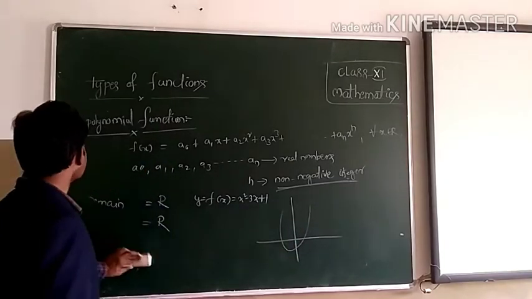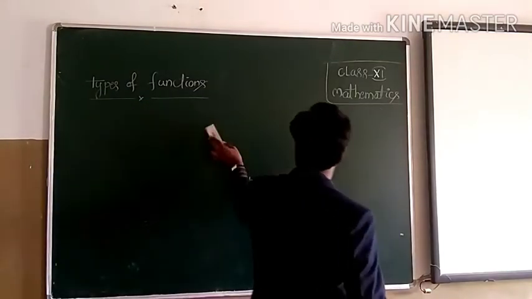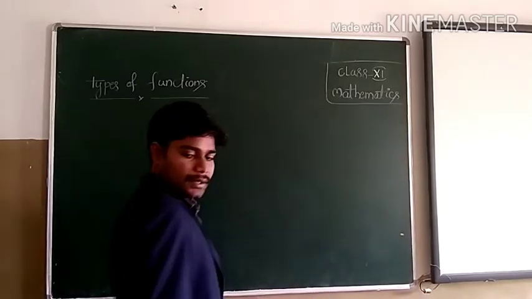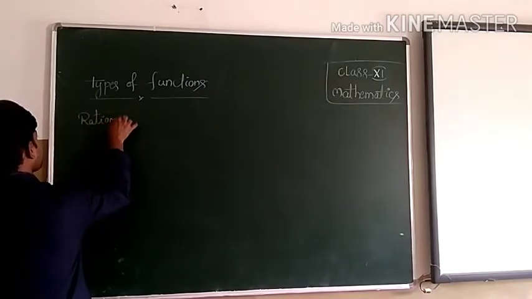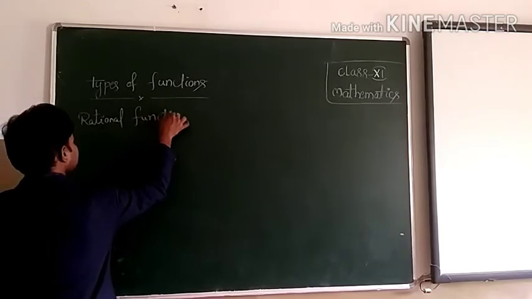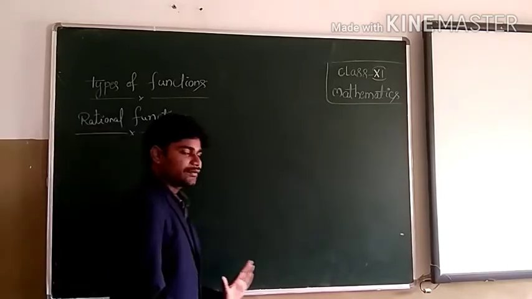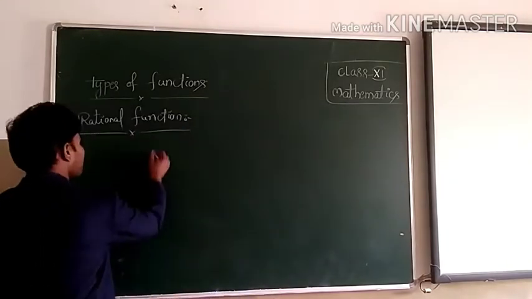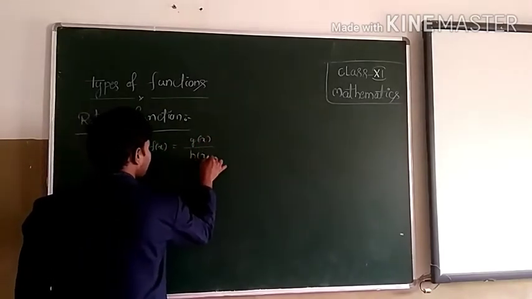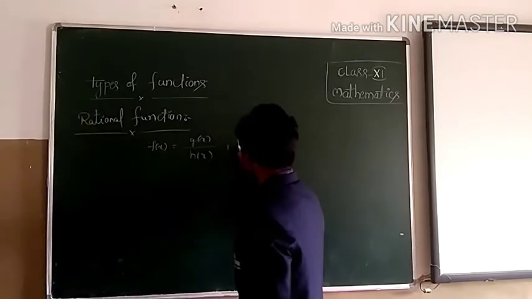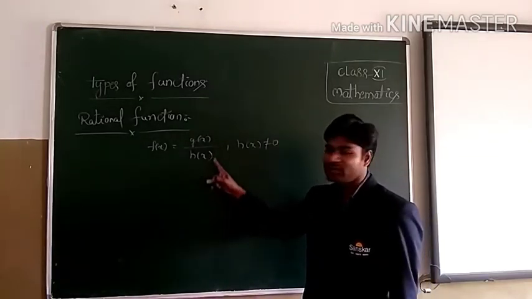Okay, now let's see another type of function, that is the rational function. So a rational function is a function defined as f of x is equal to g of x by h of x. Here h of x is not equal to 0, because if h of x is equal to 0, this function will not be defined.